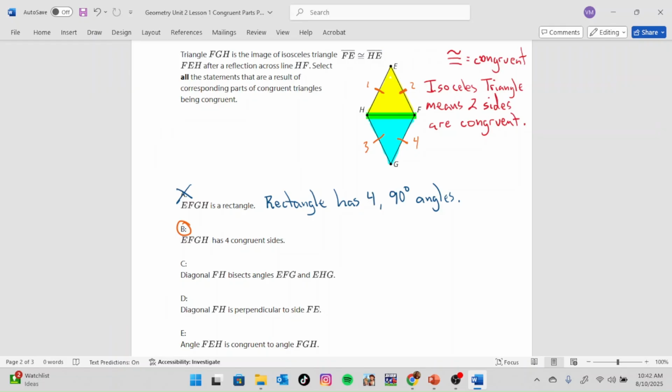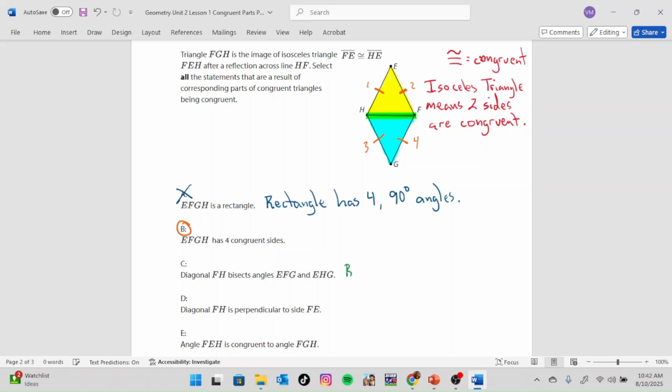Option C, diagonal FH, so that is this center line that I had highlighted in green, bisects angles EFG, so that is the right side of this diamond, and EHG, which is the left side of this diamond.